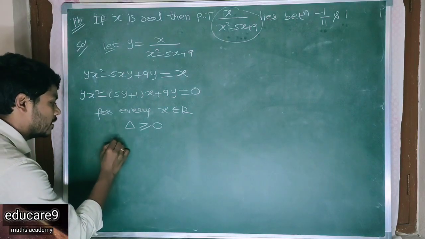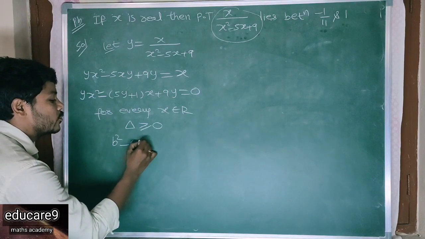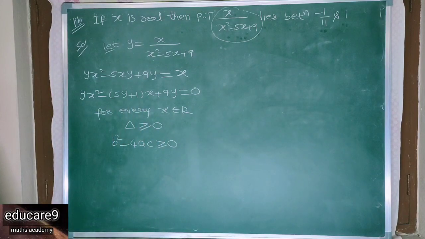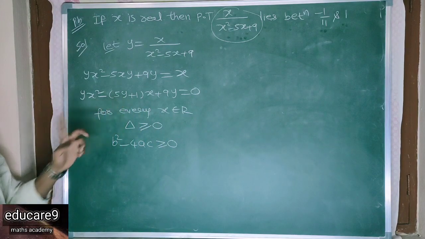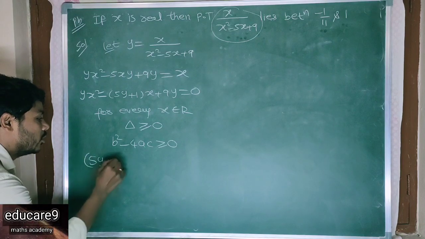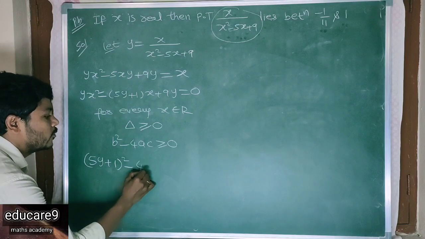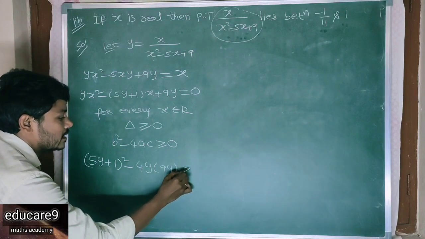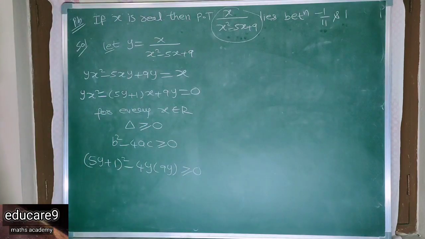That is b square minus 4ac is greater than or equal to 0. So what is the b value? Minus of 5y plus 1. That is 5y plus 1 whole square minus 4y into 9y, it is greater than or equal to 0.